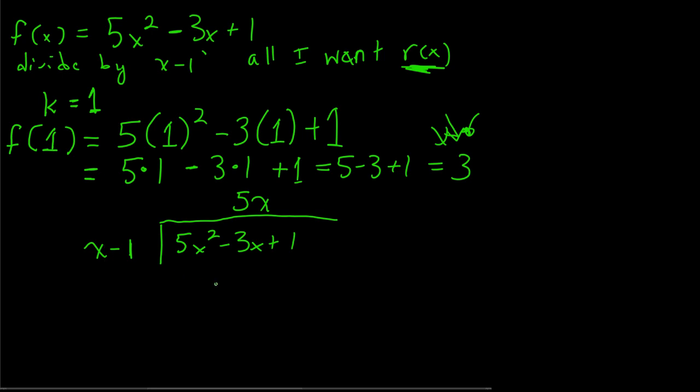So 5x times x is 5x squared. 5x times negative 1 is negative 5x. And I'm going to subtract. So I'll change my signs. If I did my job right, these leading terms should cancel, and 5x plus negative 3x is 2x.